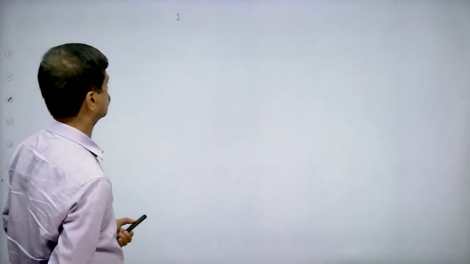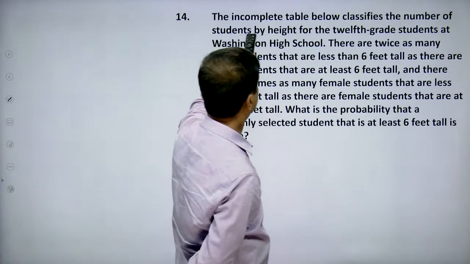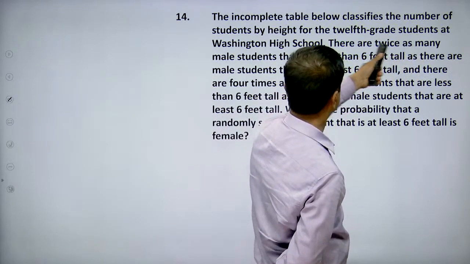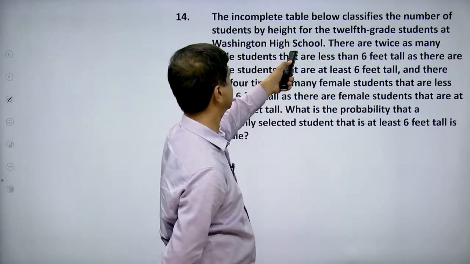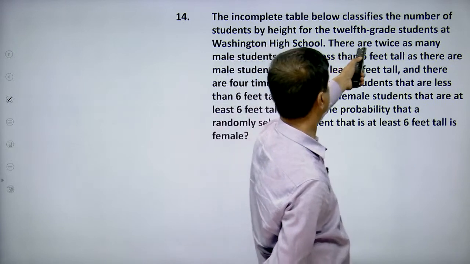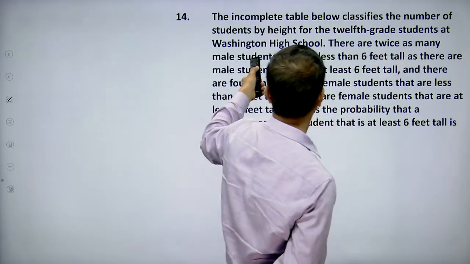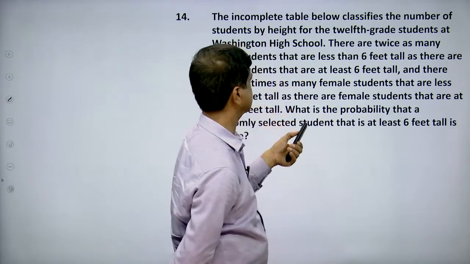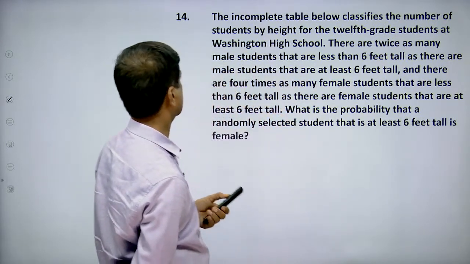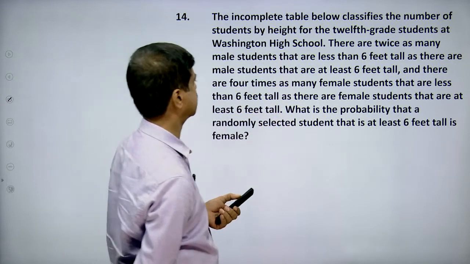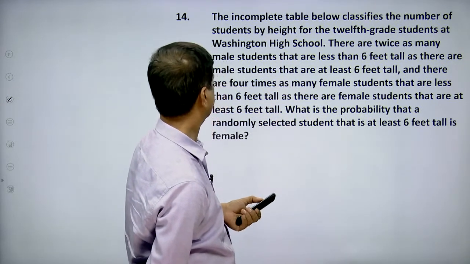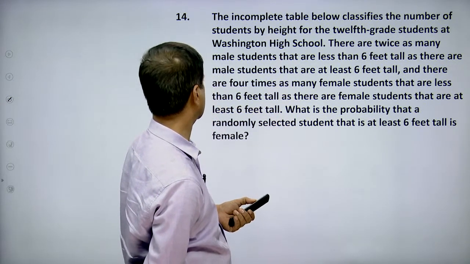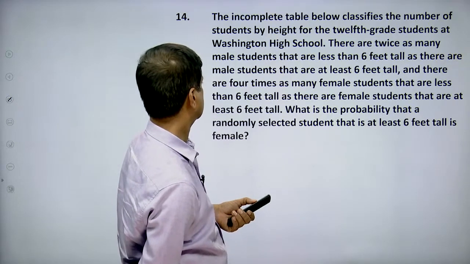Right children, so let's go to the next question. The incomplete table below classifies the number of students by height for the 12th grade students at Washington High School. There are twice as many male students that are less than 6 feet tall as there are male students that are at least 6 feet tall, and there are 4 times as many female students that are less than 6 feet tall as.